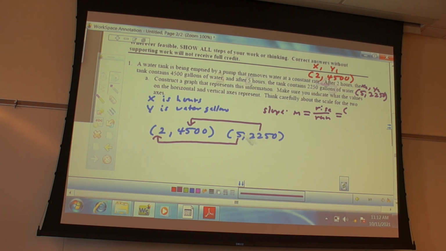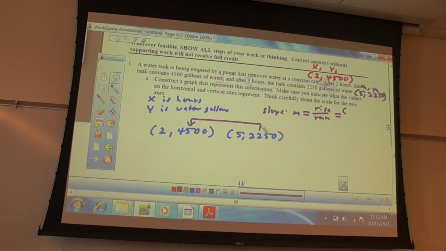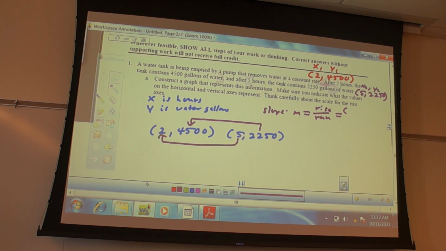Whichever point you start with, you have to start with for both the x and the y. I couldn't do this. You can't start with this one and then go back like that. That's not allowed. If I start from the 5, I subtract the 2.